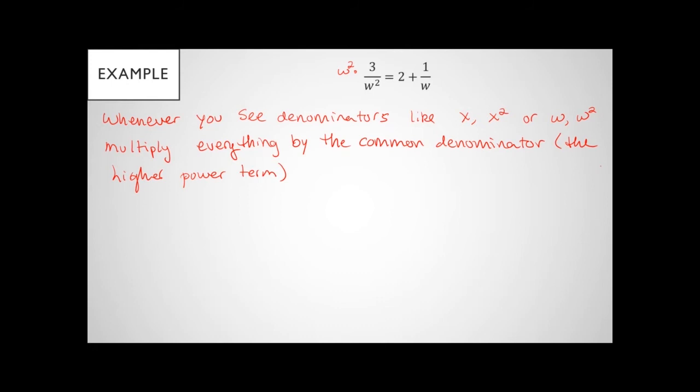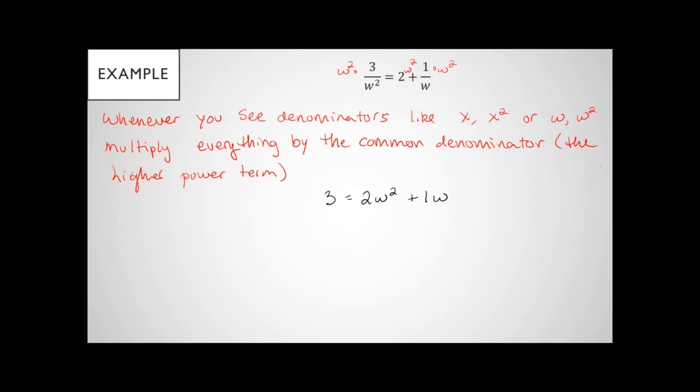And that would cancel out my w squared in the first fraction. I'd end up with 2w squared. And then when you multiply by w squared, one of the w's cancels. And so what we would end up with is 3 equals 2w squared plus 1w.